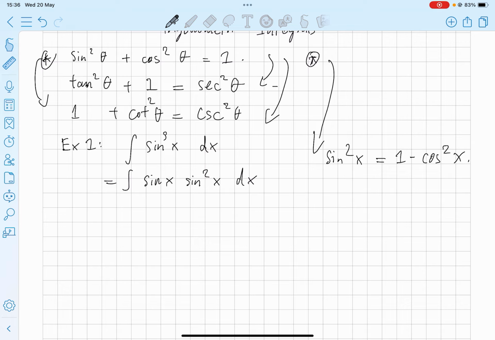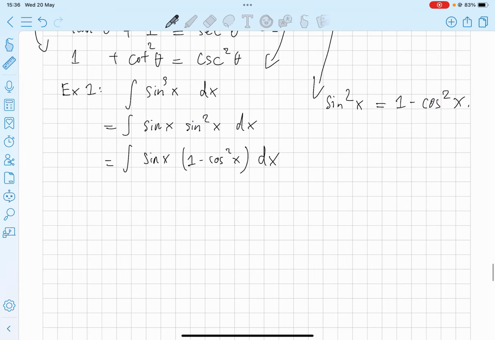So you substitute this into the integral, and it will give you the integral of sine x multiplied by 1 minus cosine squared x dx.